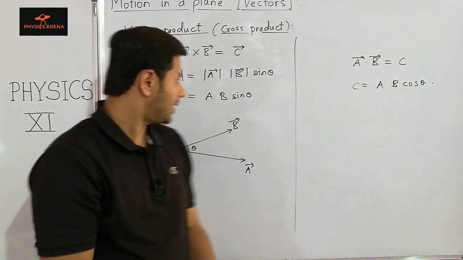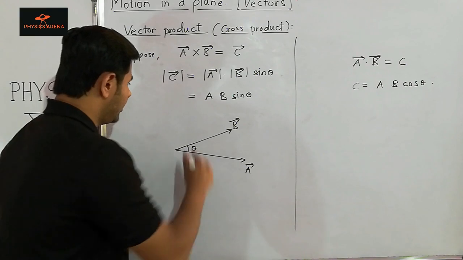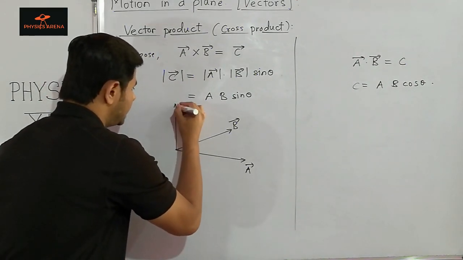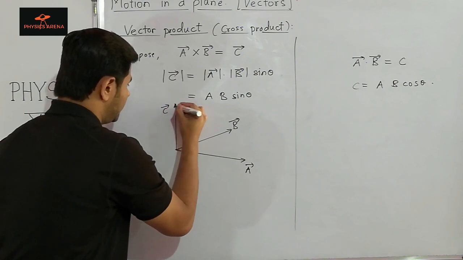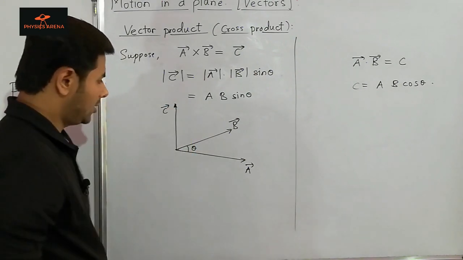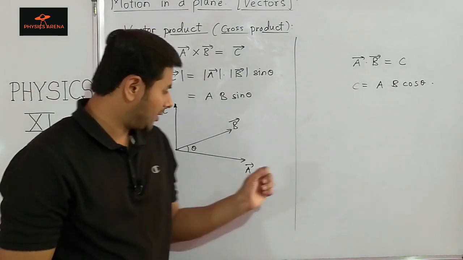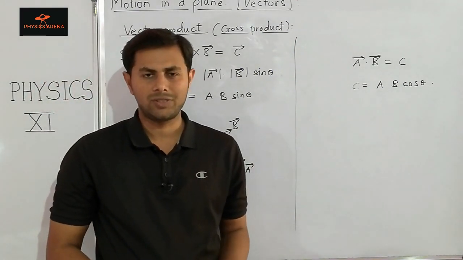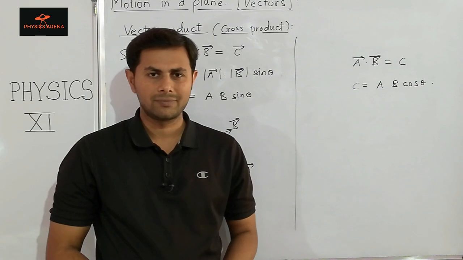It means that the direction of resultant will be along this vertical axis or Z axis. So this is C bar. Notice that it is perpendicular to A bar as well as B bar. So this is right-handed screw rule.